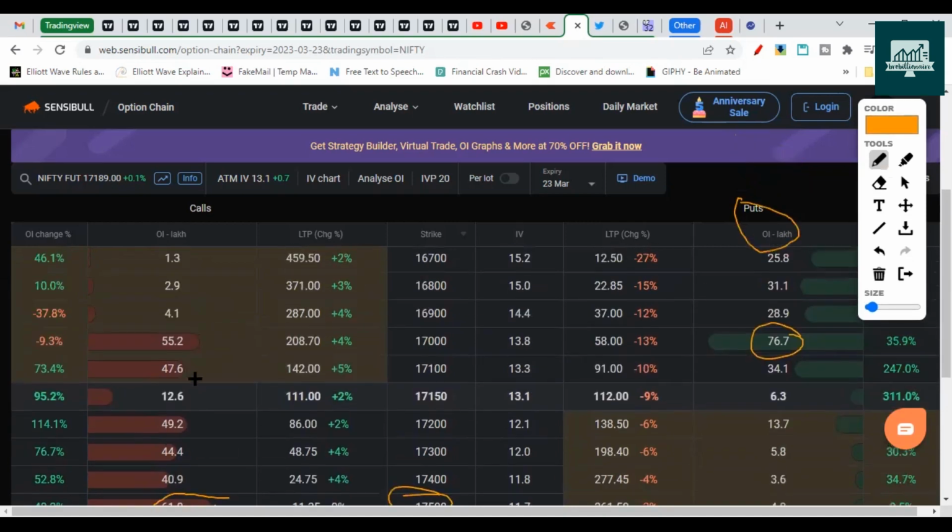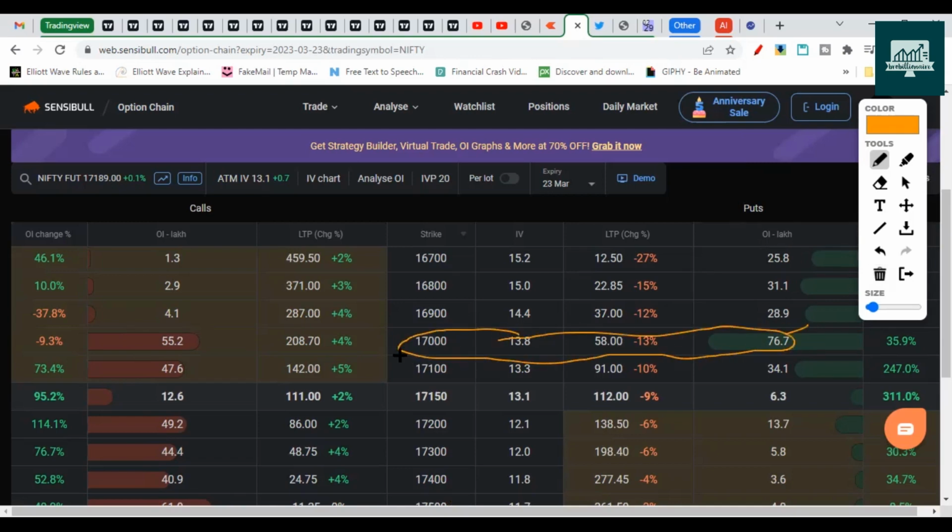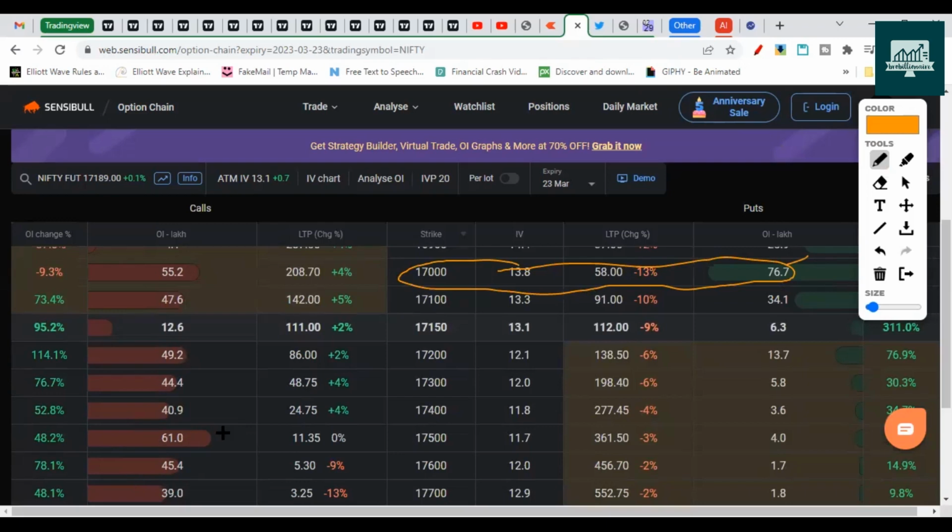The next number is actually 17,000 as a resistance, but it has already crossed above this and closed near 17,200. So we should assume 17,000 is the range for this expiry and 17,500 on the upside. This is the upper range.